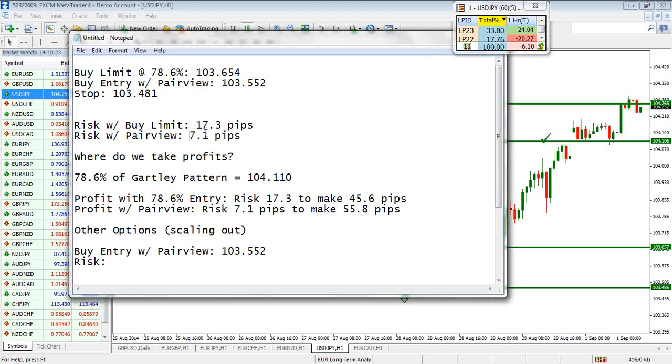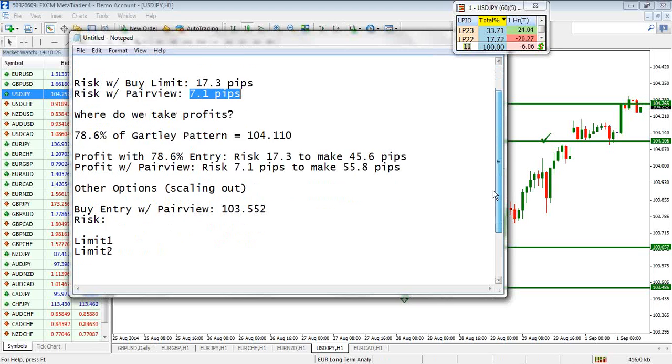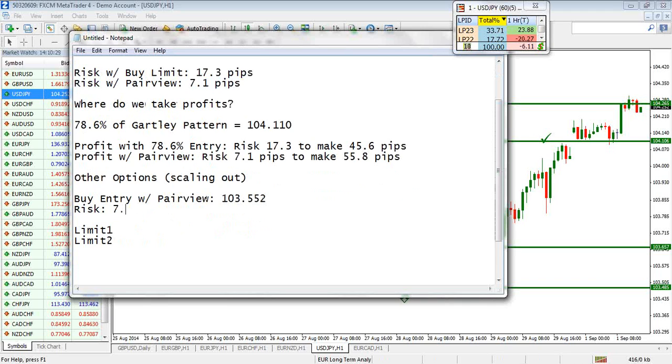So what you might do here is look for your risk, which is 7.1 pips. So your limit 1 might be, okay, for my first limit, I'm going to look for a 1-to-1 risk reward, which would actually be, let's say if we're doing just 2 mini lots. So limit 1, we would take it off at a 1-to-1 risk reward.